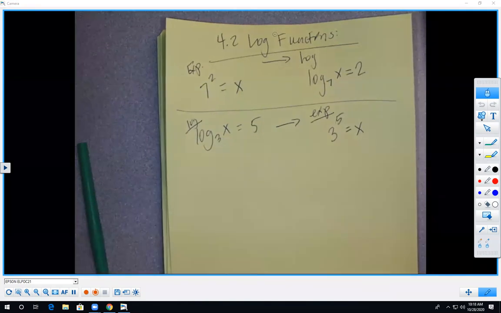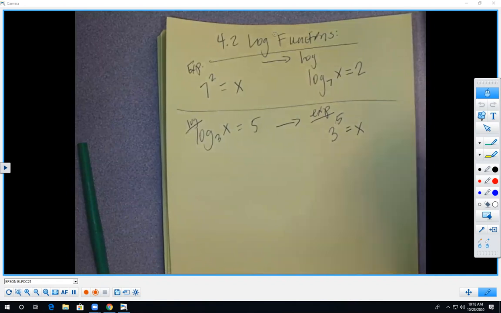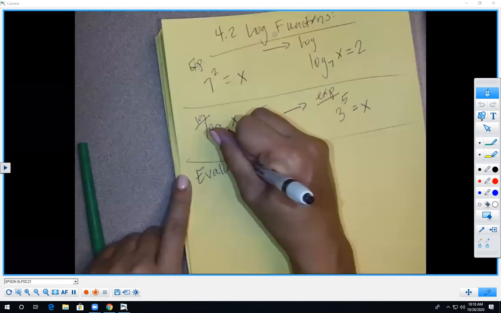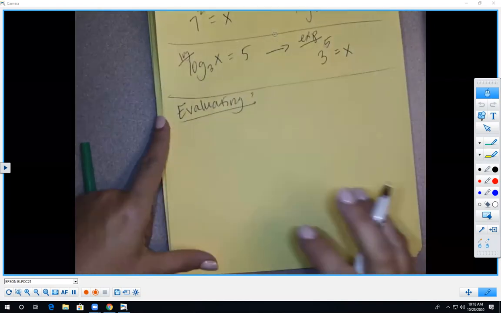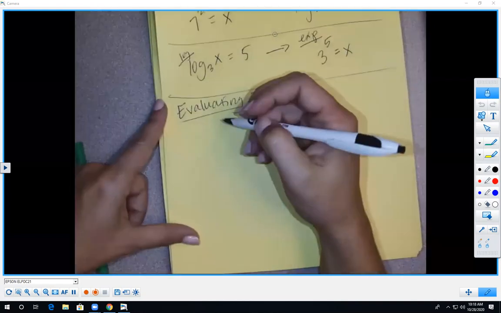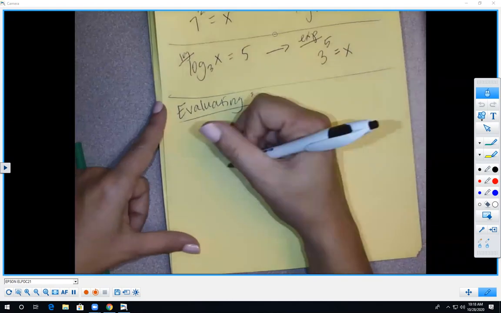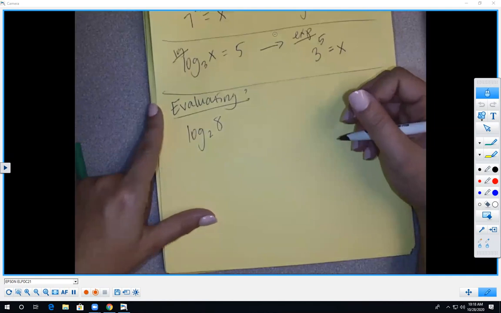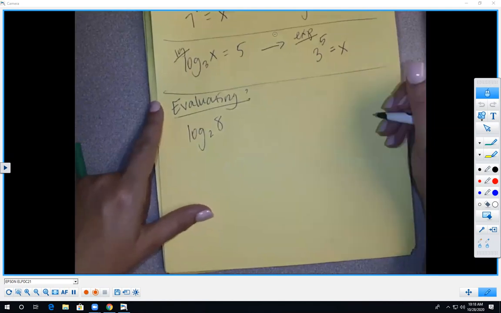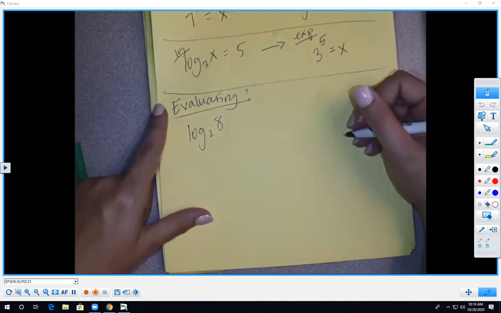The other thing we went over last time was evaluating logs. We just got into that. So let's do a few of those. Evaluating is actually figuring out a number for the log. This will be on your quiz next time. If I had log base 2 of 8, you may not know off the top of your head what that is, but you can switch it into exponential form.